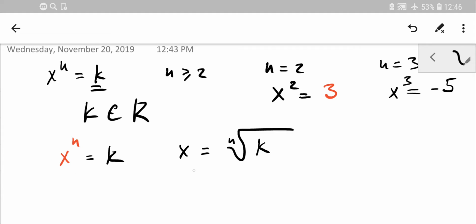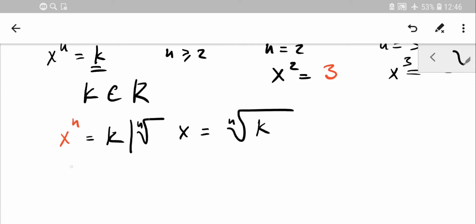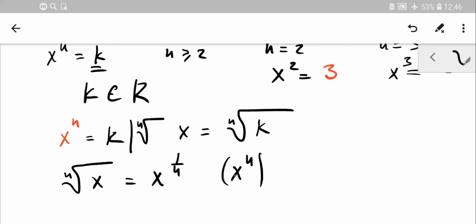Why? Because on the left side, if you apply the nth root to both parts, according to the power rule, the nth root of some number x is x to the power 1 over n. If you apply this nth root to x to the power n, you need to multiply n by 1 over n.